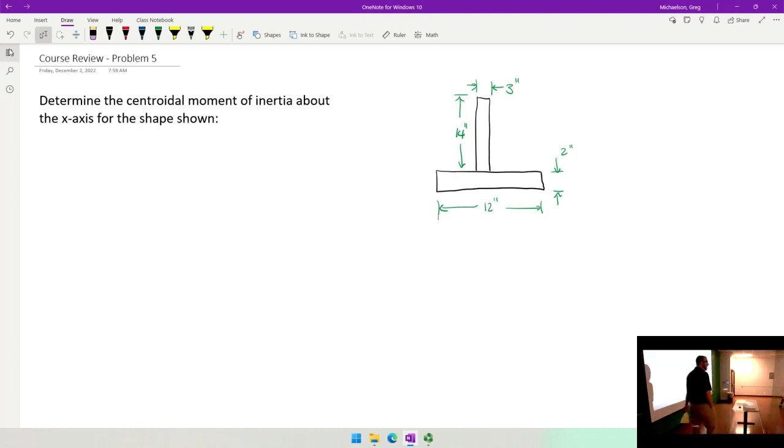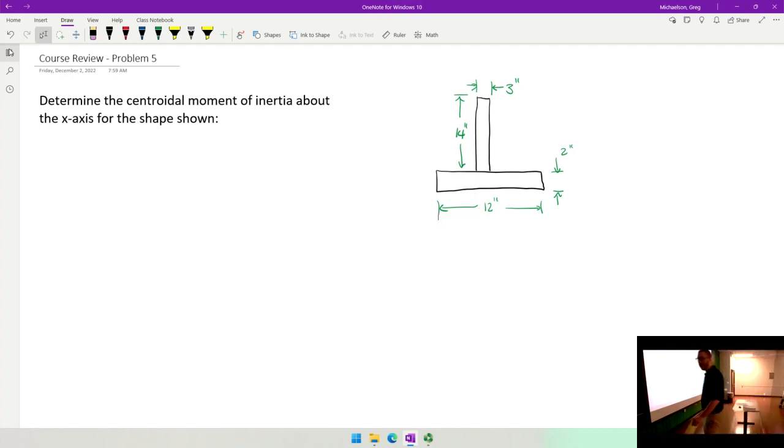So in order to do that, we need to find the location of the centroid up and down. Keep in mind the shape is symmetric, so we know where the centroid is this way. We want to know where the centroid is this way. And there is a key value that I am interested in you making sure that you can identify in this problem, but we'll get to that here in a second.